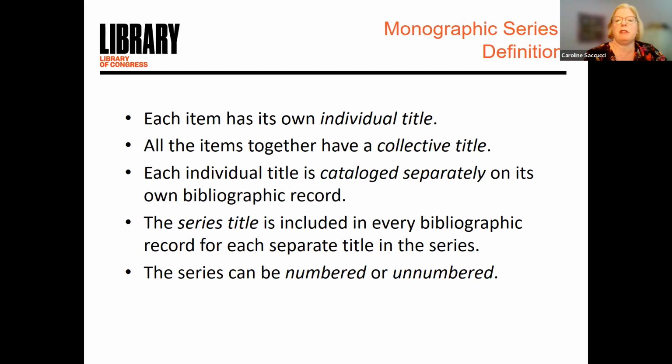So from a monographic series, the item will have its own individual title, but all items have a collective title. And he gave you a good example of that, and you'll see that example later on in my presentation.